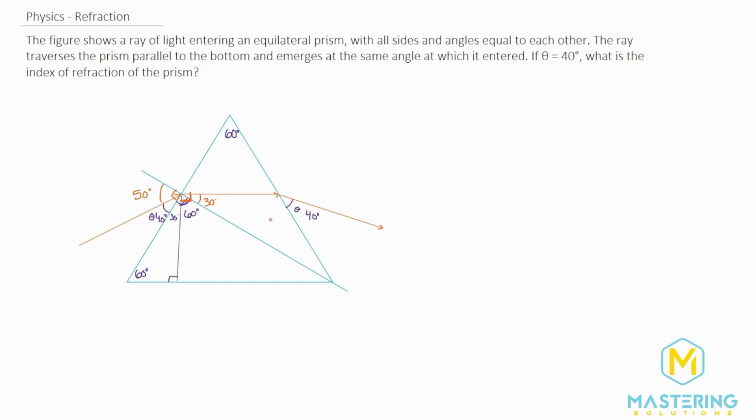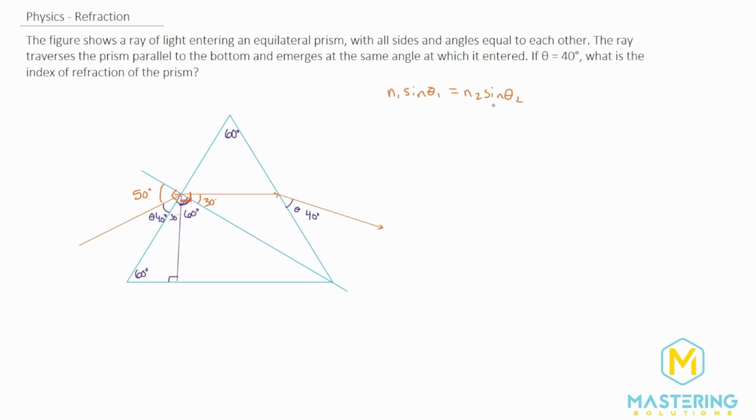So now finally, we have our rays, right? We have our theta 1 and our theta 2. So with Snell's law, n1 sine theta 1 is equal to n2 sine theta 2, and we're trying to figure out what is the index of refraction. And so when we have this here, this is the n of 1. This is going to be the n in the prism. So this n is what we're trying to solve for.